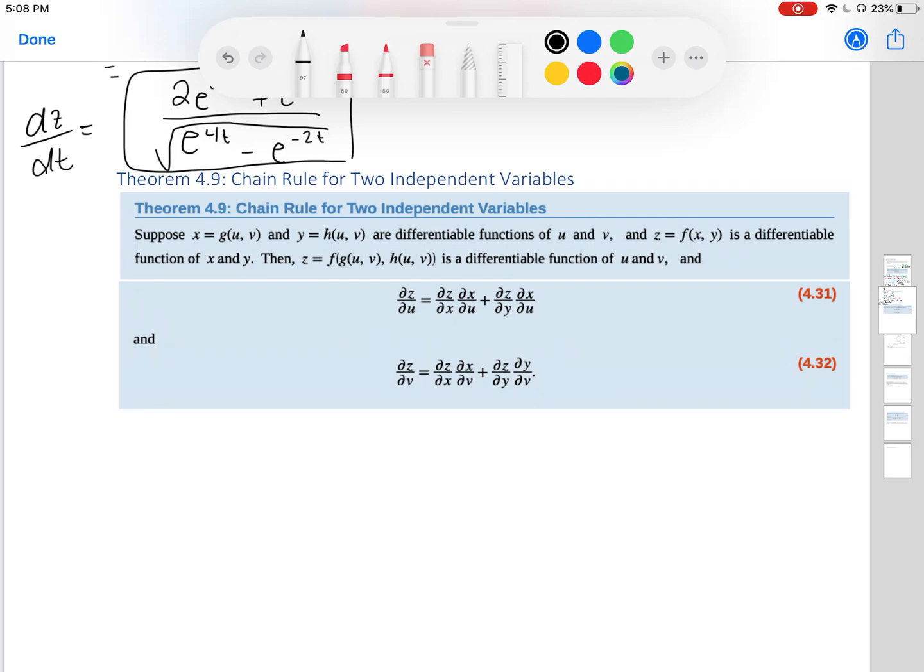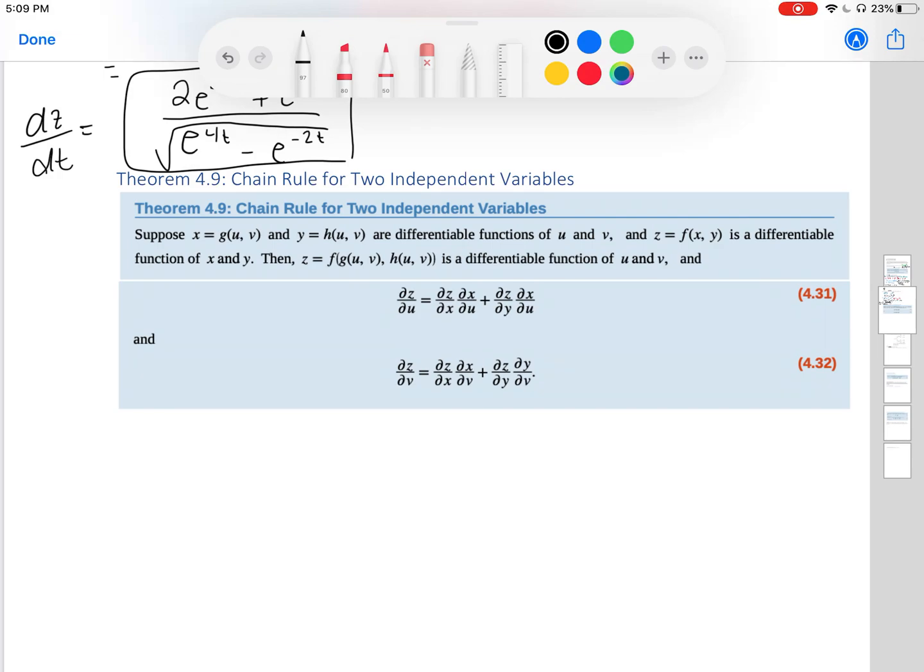Then z is equal to f of g of u, v and h of u, v is a differentiable function of u and v, and thus dz/du is equal to dz/dx times dx/du plus dz/dy times dy/du.